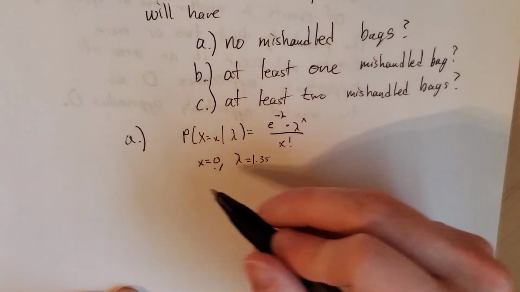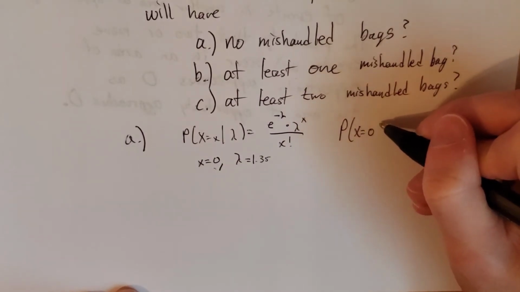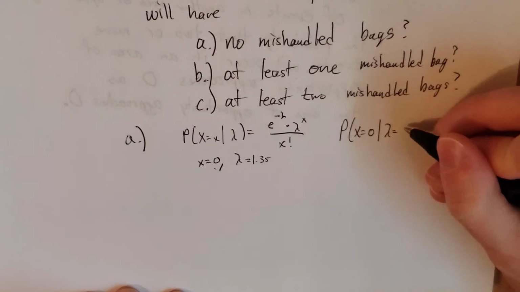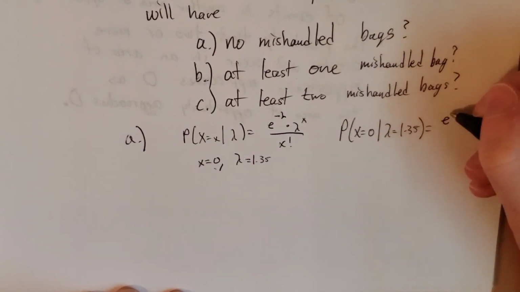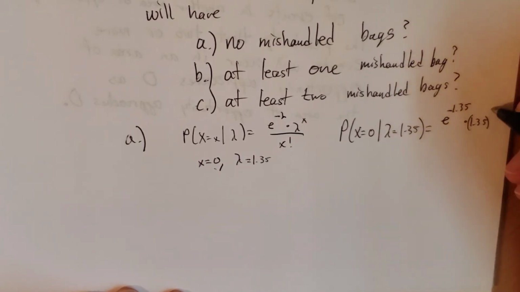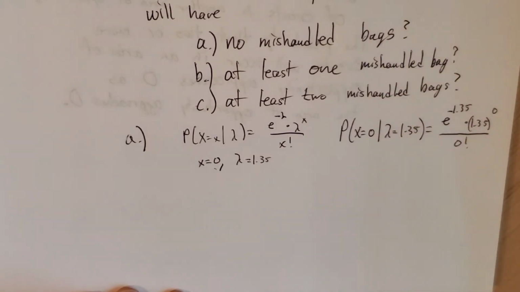So this solution is P of x equal to 0, given that lambda is 1.35, and this is e raised to the negative 1.35 times 1.35 to the 0th power, all divided by 0 factorial.